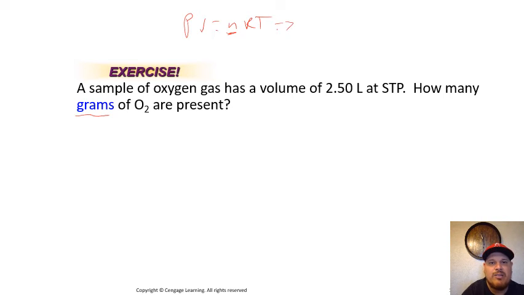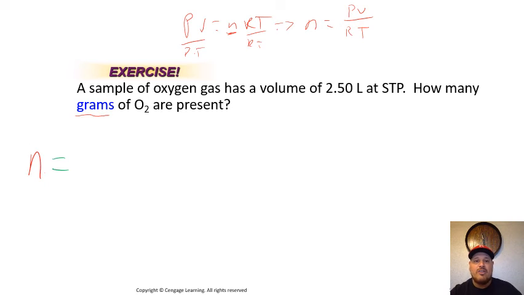I'm going to manipulate my equation so that it's equal to moles. So I get this new equation: moles equals pressure times volume divided by universal gas constant times temperature. Now I simply plug and chug and figure out what my answer is. So moles here equals, remember, it's at STP.